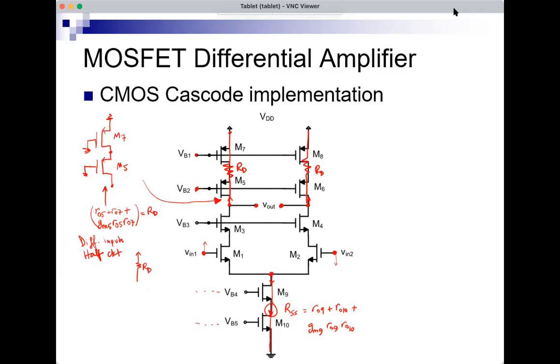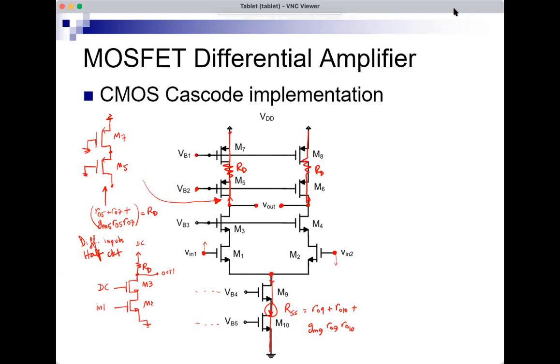RD, and RD is implemented by M5 and M7, and then M3 and M1, and then signal ground here. This is the virtual ground. So I have some DC voltage here, a DC voltage here. The input, the first input, and the output is taken here. And that's M1 and M3.